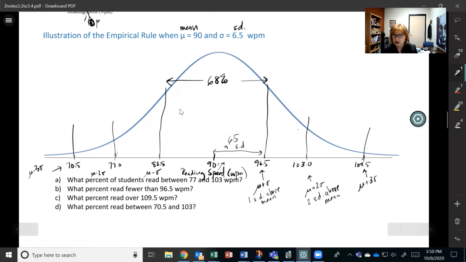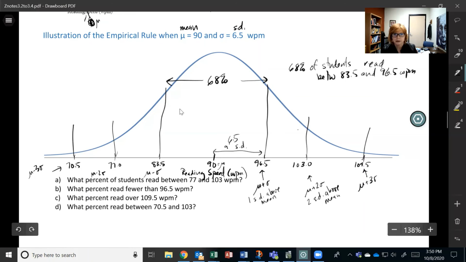So 68% of students read between 83.5 and 96.5 words per minute, because 83.5 is 1 standard deviation below and 96.5 is 1 standard deviation above. And that's what happens for any distribution that's unimodal and bell-shaped.